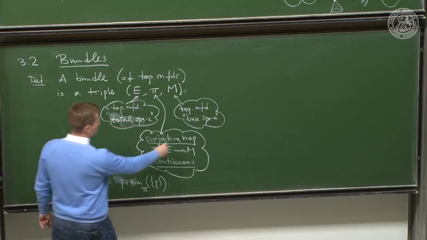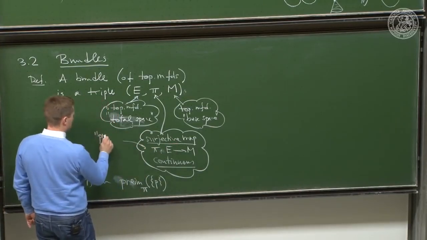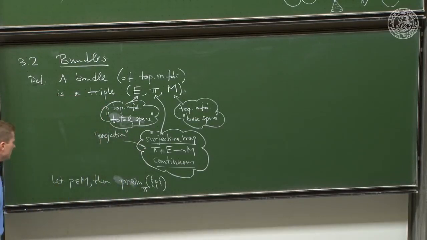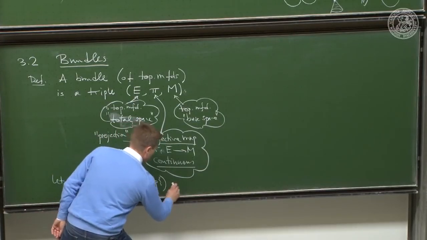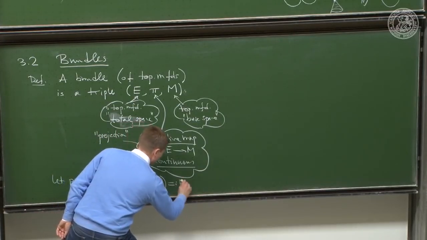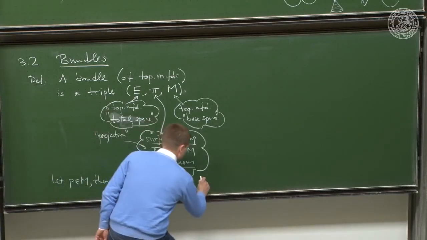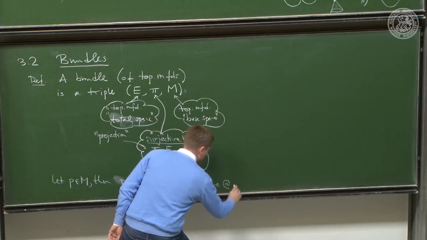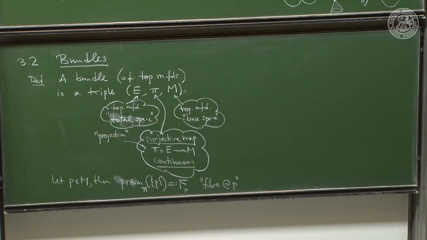And this surjective map is called the projection. So the pre-image of a point p in the base space under the projection, we could call this F sub p, is the fiber at the point p. This is the fiber.